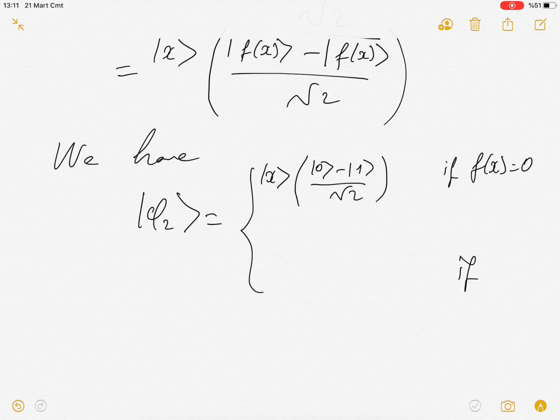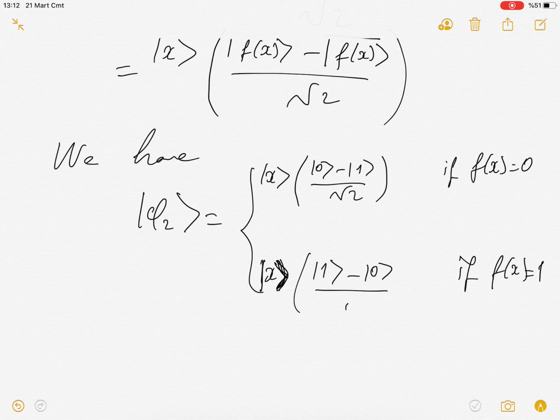But if f of x is equal to 1, then we have the same 2-qubit superposition state, except that we have (1 minus 0) over square root 2.